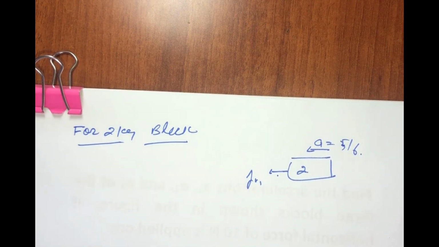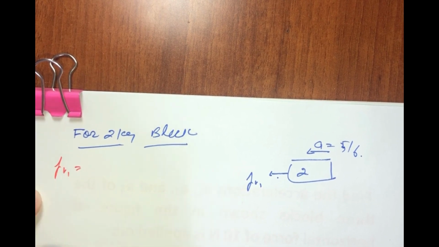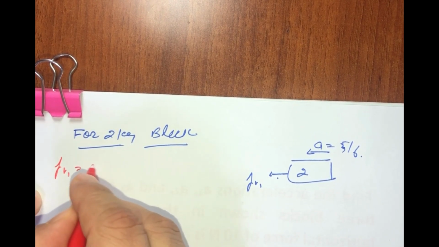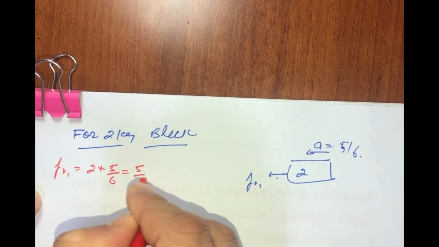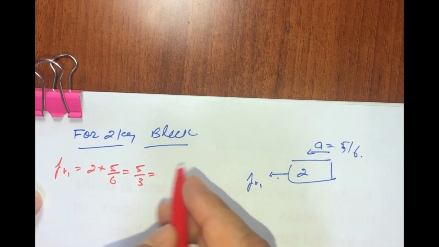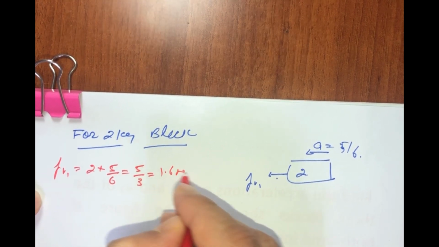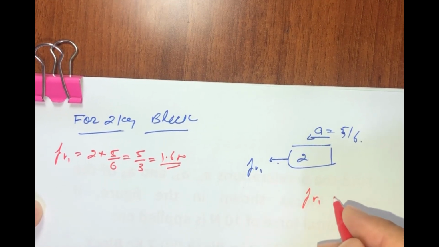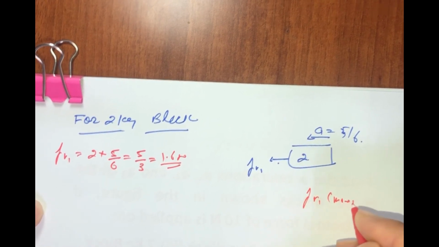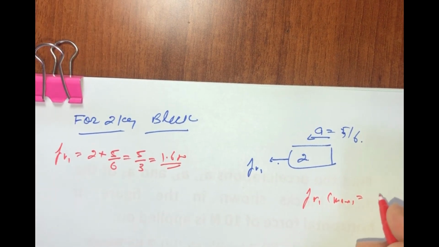So let us find the value of Fr1. Fr1 will be equal to 2 into 5/6, which is equal to 5/3, approximately 1.6 Newton. And we already know Fr1 max is 4 Newton.